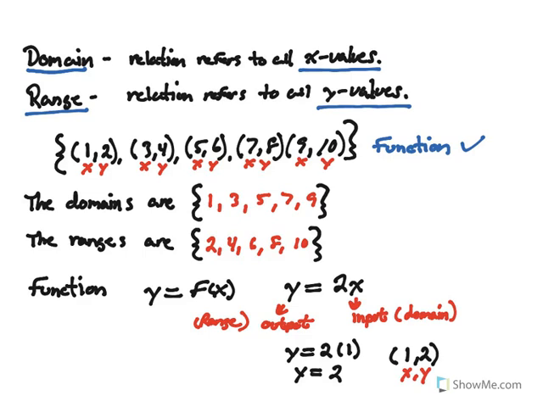So if you see a situation like this, okay? So let me see if I can create a situation where we don't have a function. That's what I wanted to say. Okay.